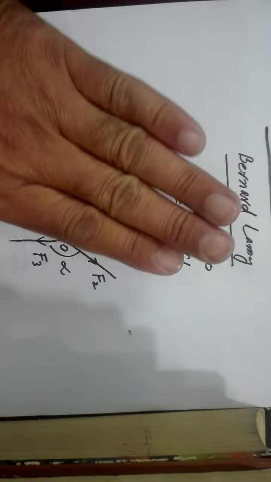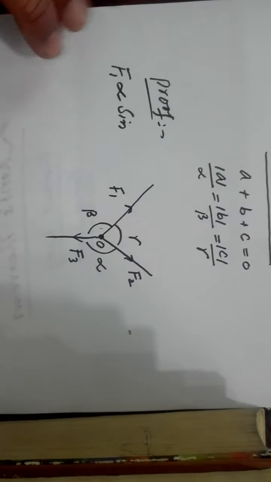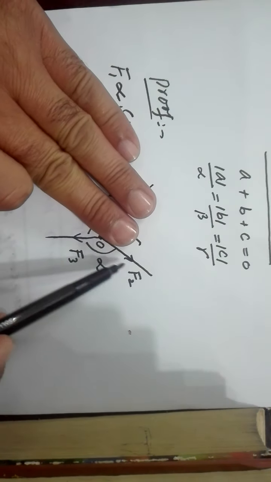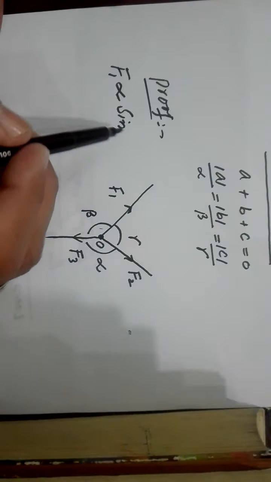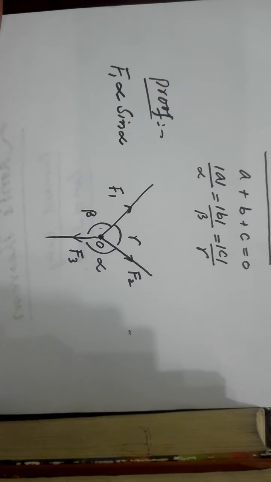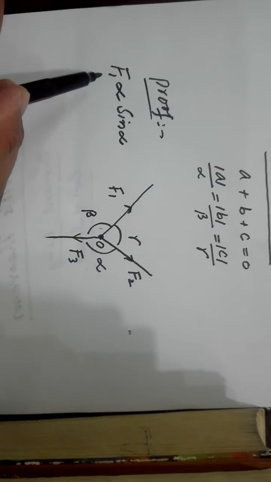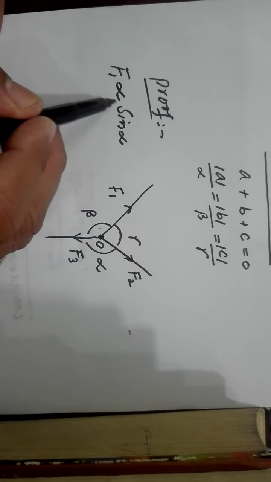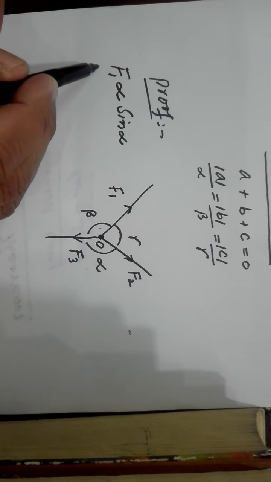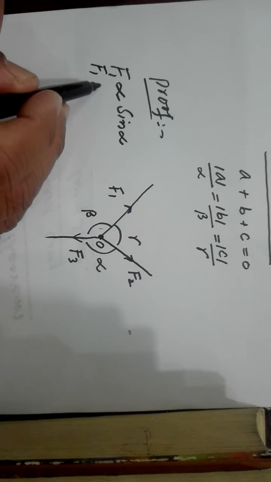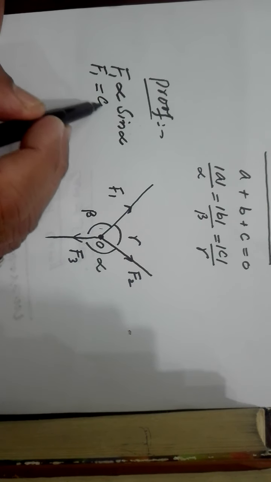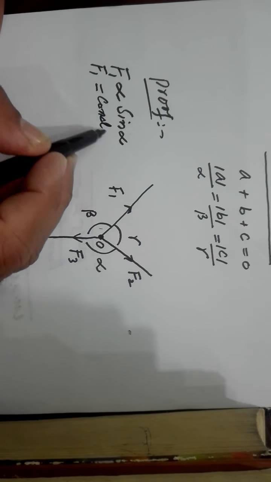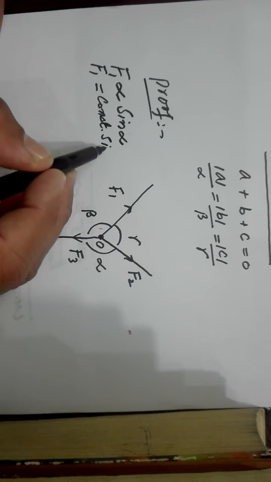Now, if you skip this force F1, the angle between the other two forces would be alpha. It will be sine of alpha. Now, if you remove the proportionality sign, F1 will be equal to a constant into sine of alpha.